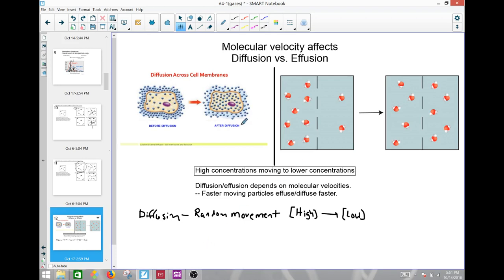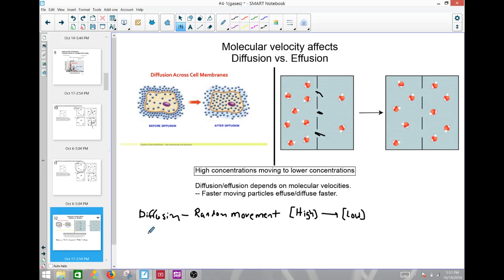Both of these pictures above here are examples of diffusion. This same thing can occur through gaps, whether in a membrane or in a cell, and that is called effusion.